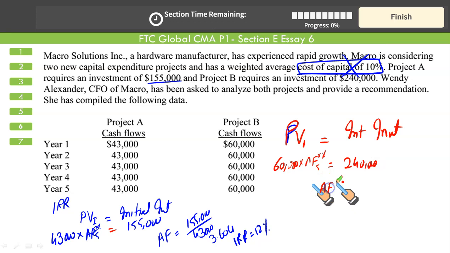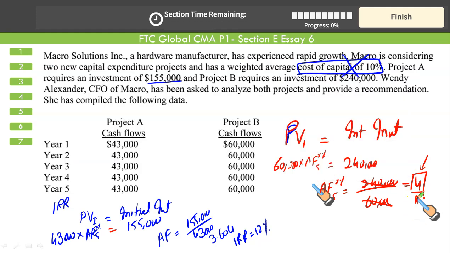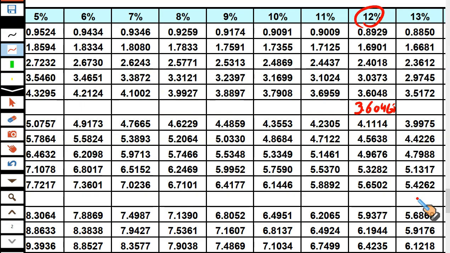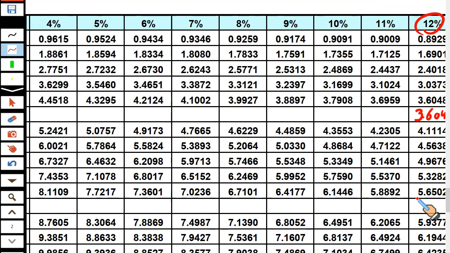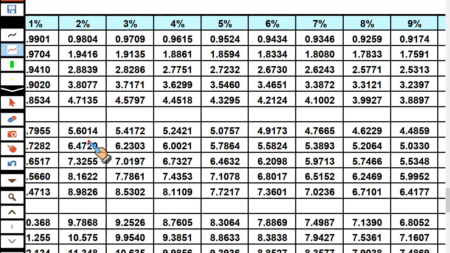Annuity factor at X percent, 5th year: 240,000 divided by 60 gives you an exact 4. We need to look for an annuity factor in the 5th year row that is closest to 4.